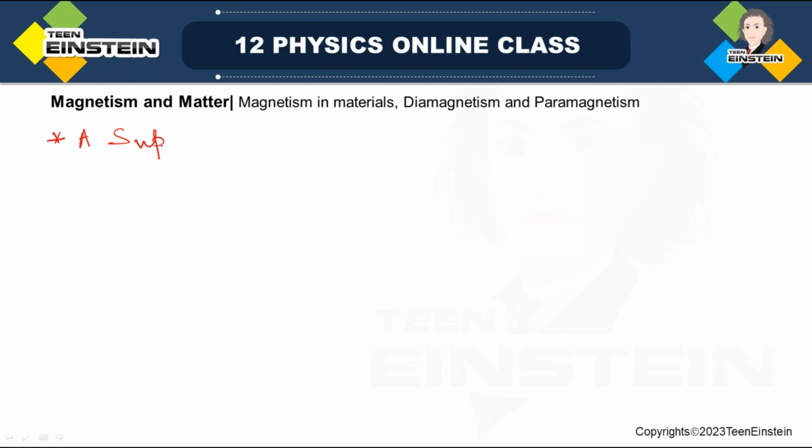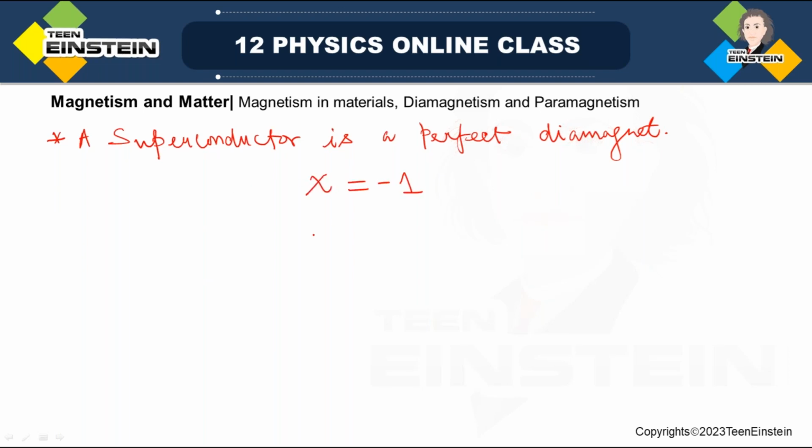A superconductor is a perfect diamagnet with susceptibility -1.